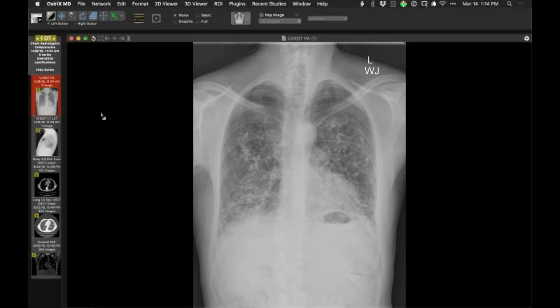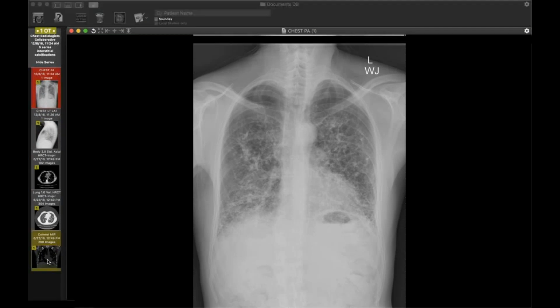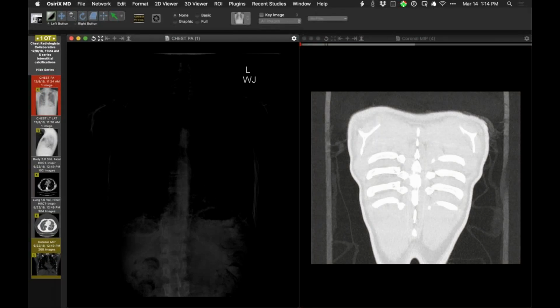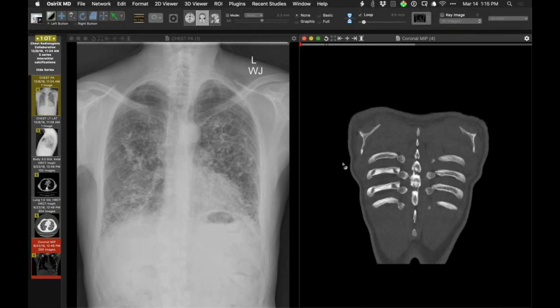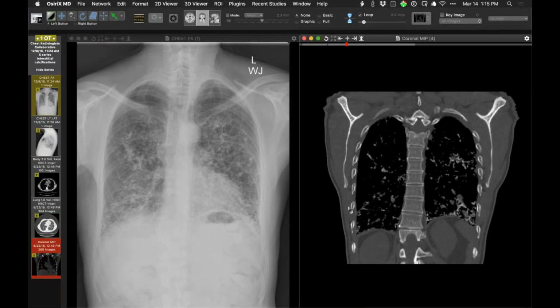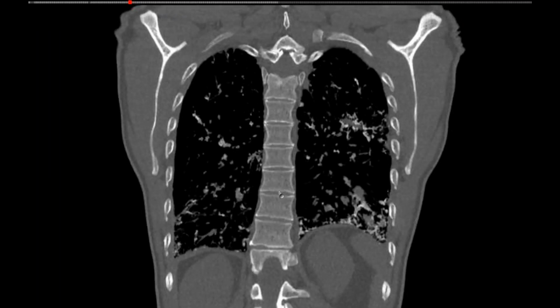But let me bring the frontal projection back again, and then I will show you the nature of the abnormality, which is dramatically shown by, let me make that go back to what it was before, which is like that, and make this like a bone window. And you'll see that this is what this looks like.